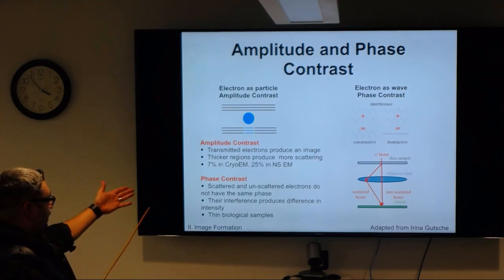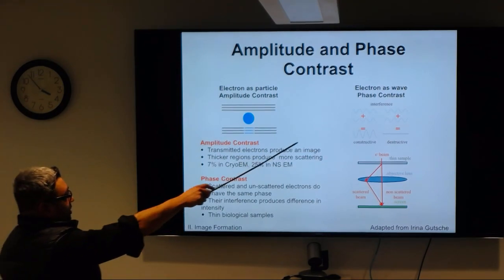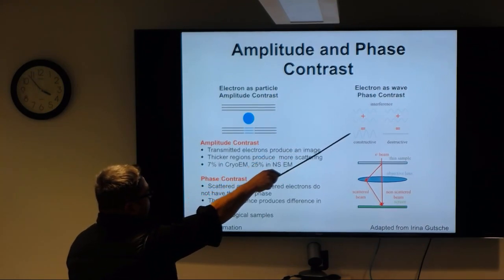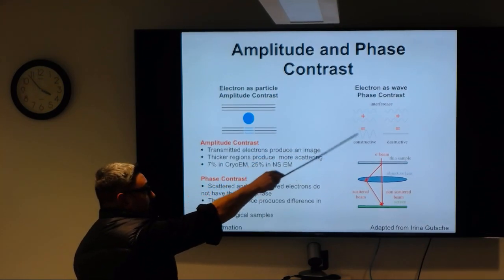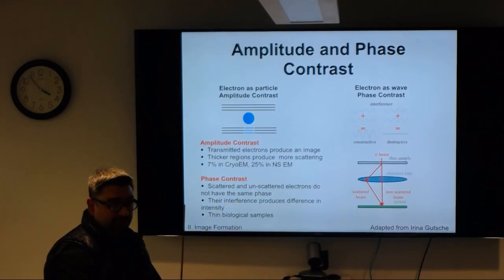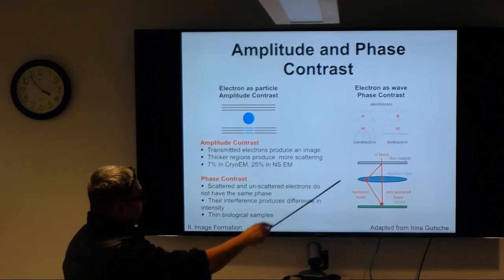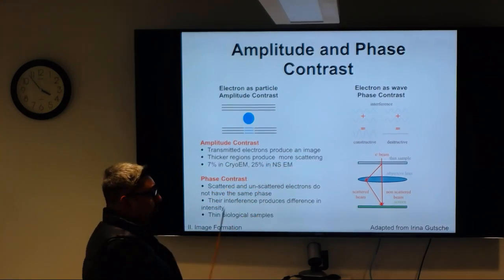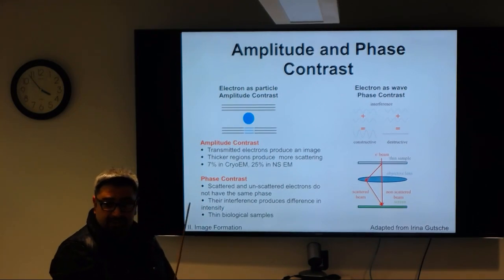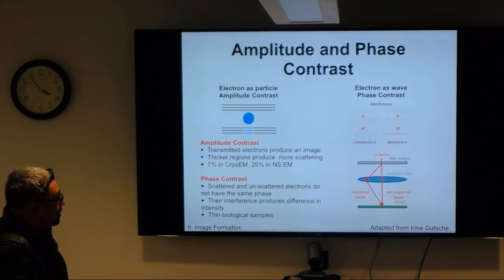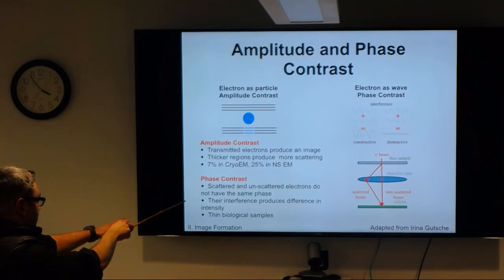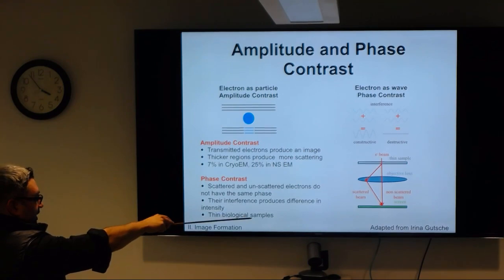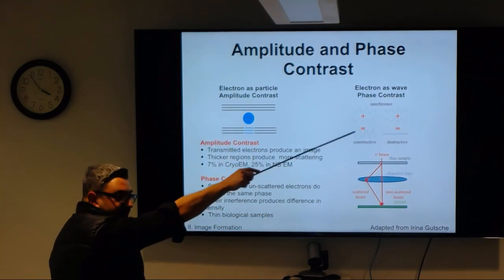And in phase contrast, you have this interference, right? You have these two positive waves which constructively interfere and produce larger waves, whereas you have these two waves here which interact in a destructive fashion and cancel each other out. In phase contrast, the scattered and the unscattered electrons do not have the same phase. Okay, so you have the non-scattered and you have the scattered.